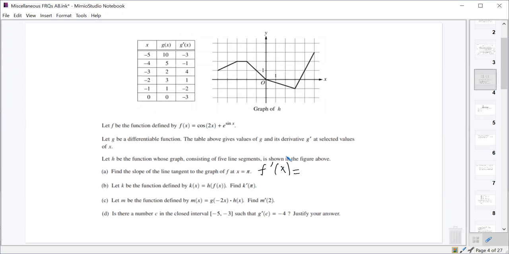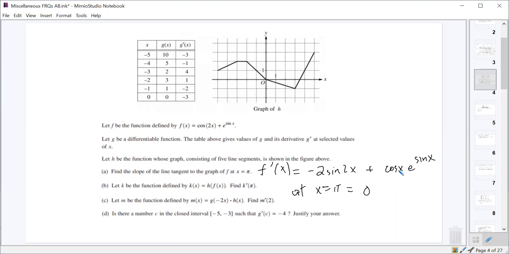So what's f prime of x? Let's see. The derivative of cosine of 2x ought to be negative 2 sine 2x, and the derivative of e to the sine x ought to be e to the sine x times cosine x. So at pi, what's the sine of 2 pi? 0.